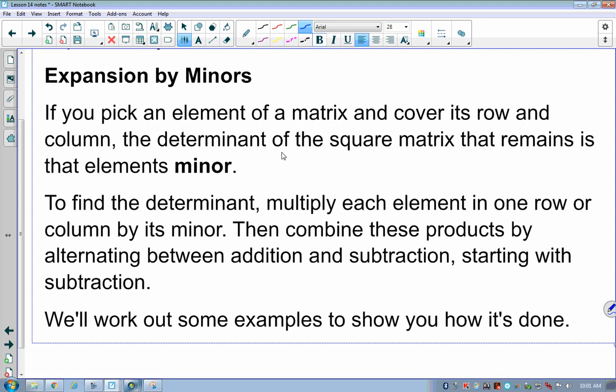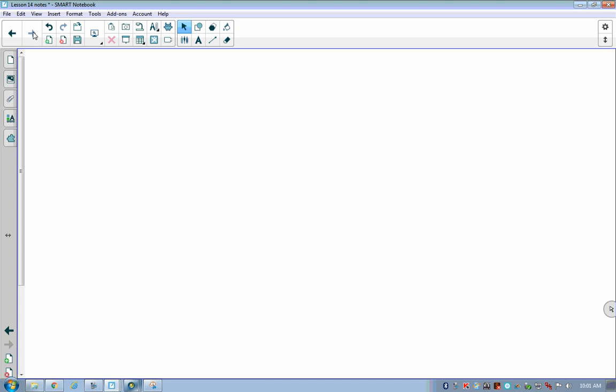To find the determinant, we multiply each element in one row or column by its minor, then combine these products by alternating between addition and subtraction, starting with subtraction. Let's go ahead and work out a question and show you how to do a 3 by 3 matrix, okay? Rather than picking one from the question set, let's make our own 3 by 3 matrix and find a determinant.